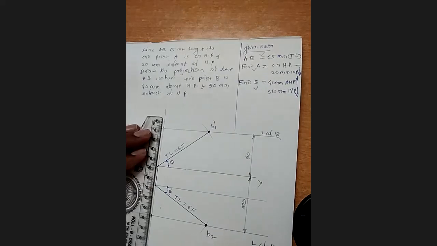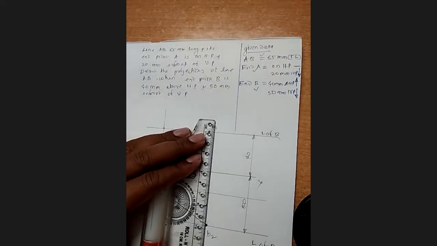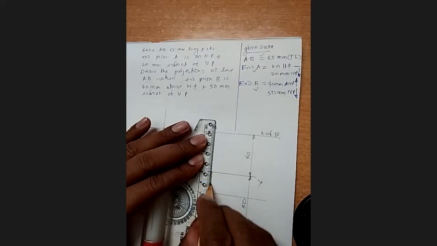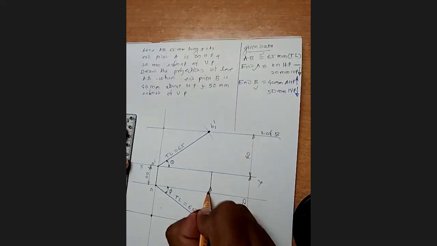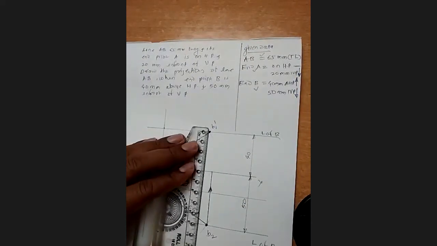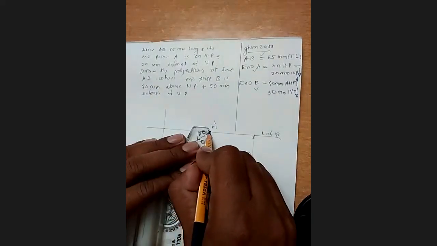So for that, what can we do? Draw a line passing through B2, a straight line, till it touches the locus of A dash. We'll continue this line. Similarly, we'll get the line to the locus of A through B1 dash.